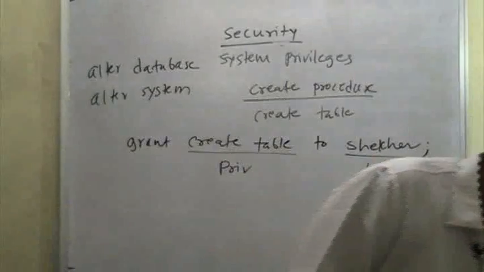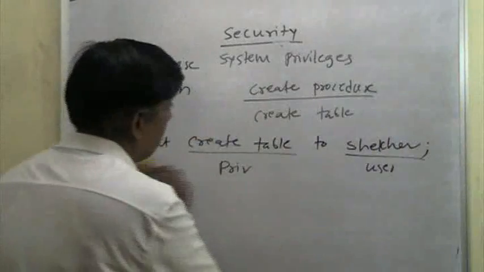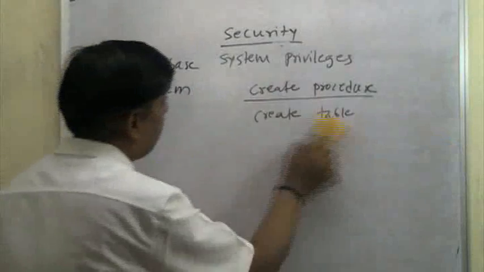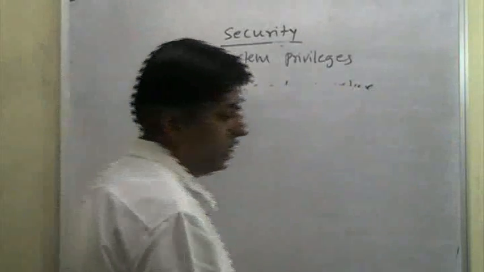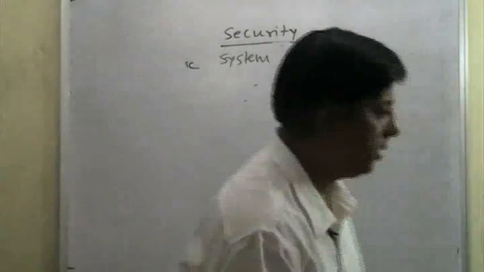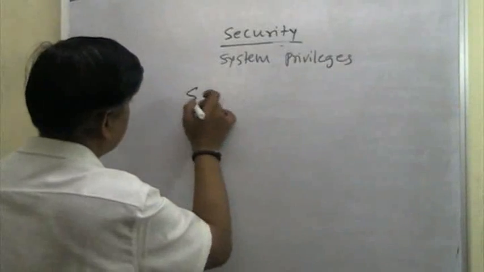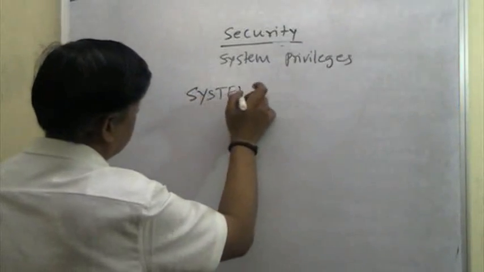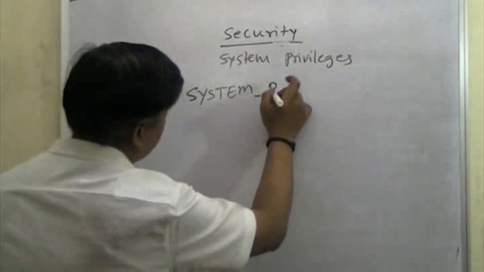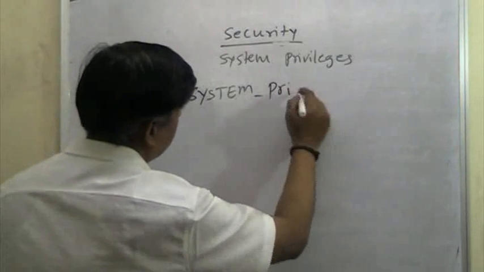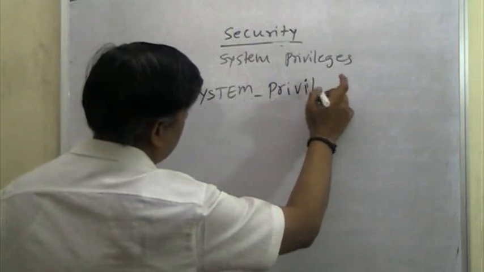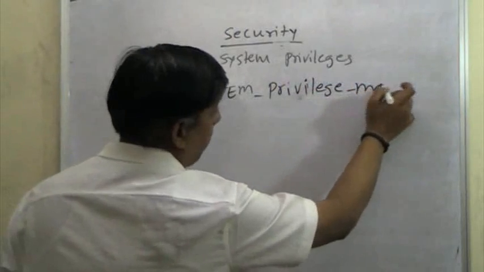So where do you find out all the system level privileges? There is a data dictionary view for that. And the name of that data dictionary view is system privilege map.